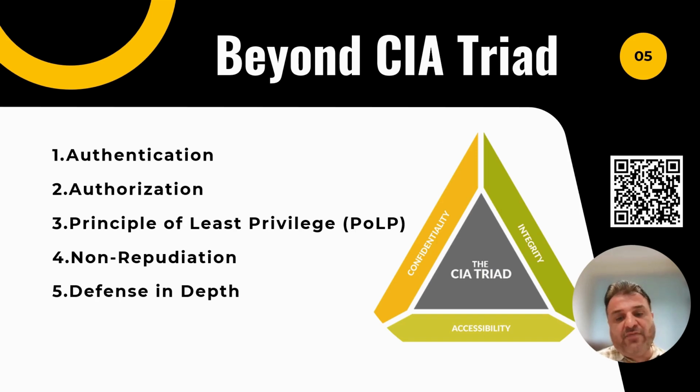The next one is the principle of least privilege. In the principle of least privilege, users and systems are granted only the permissions necessary to perform the task and no more. So it means that if a user just wants to access and read some data, we must not give him or her access to edit the data.